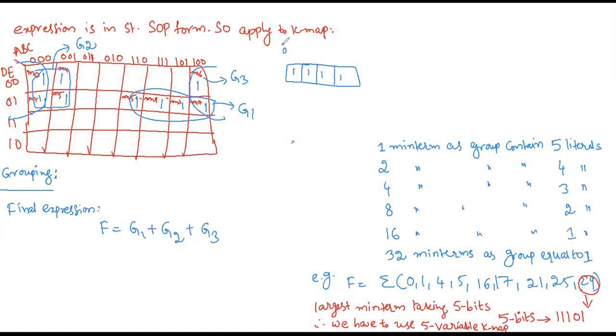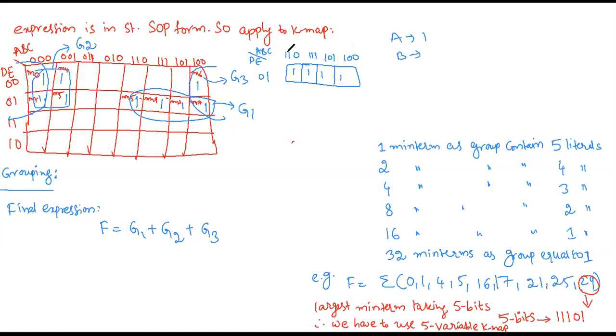We have A, B, C, D, E. D value is constant at 0. A value is 1 only.